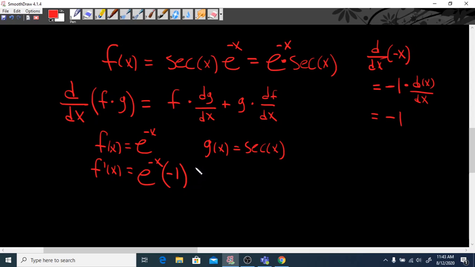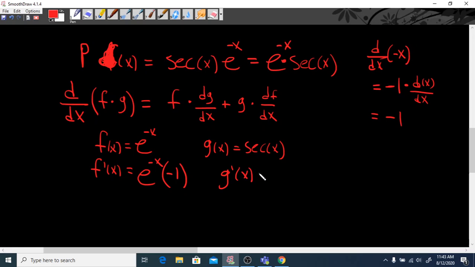Sorry. Let me rename this. Instead of f, let me name it p, because we already have f here. P for product. Okay. So f prime is e to the negative x times -1.